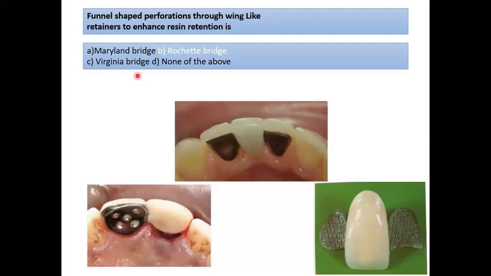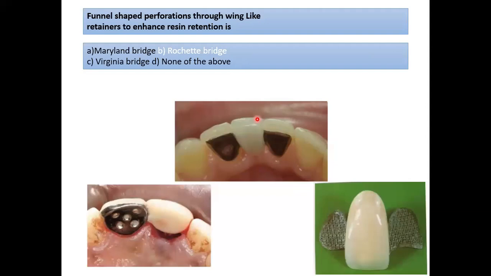When they give picture based questions and ask you to identify which is which, the Maryland bridge is just a plain wing which doesn't have any perforation or any mesh type of pattern. It will have a plain metal, a complete wing kind of preparation, mainly used to replace your mandibular anteriors, or when you are planning to replace your maxillary laterals.